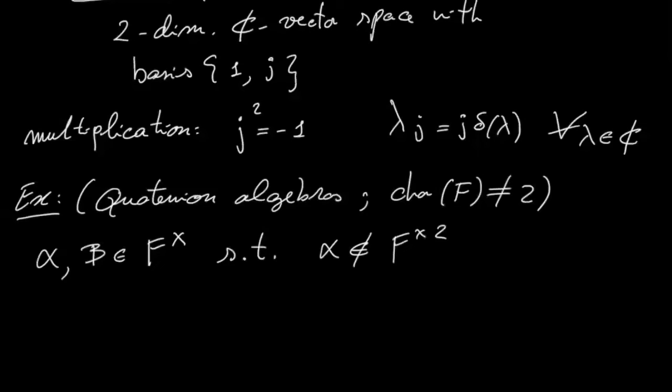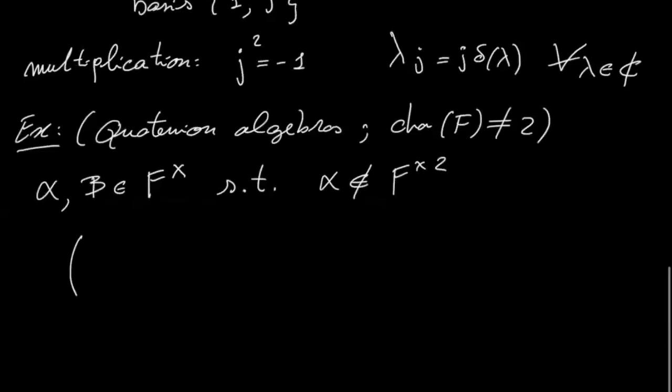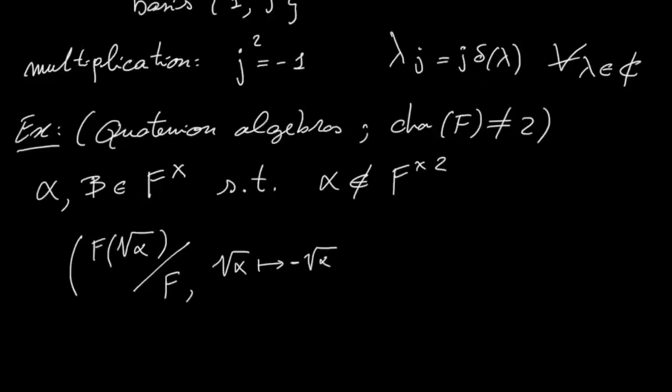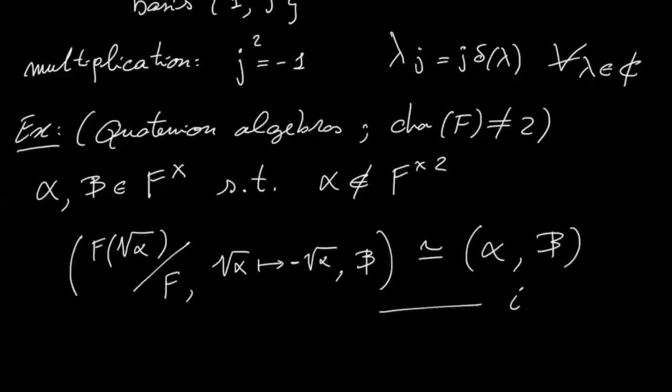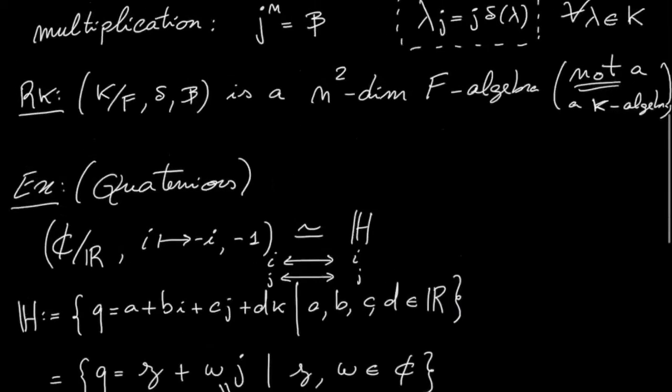If it were a square, we know already that the quaternion algebra is just 2 by 2 matrices over F. Now a similar argument as above will tell you that if you look at this cyclic algebra, where you take the extension of F given by adding the square root of alpha, and you take the generator of the Galois group given by sending the square root of alpha to minus the square root of alpha, and you take beta, then this will be isomorphic to the quaternion algebra, and the isomorphism will send i to the square root of alpha, and j to j. So they actually generalize quaternion algebras.